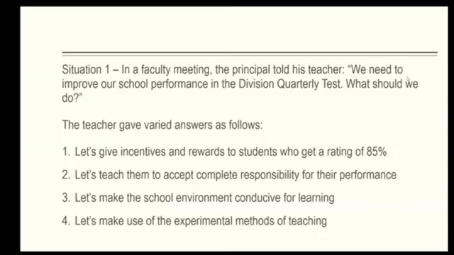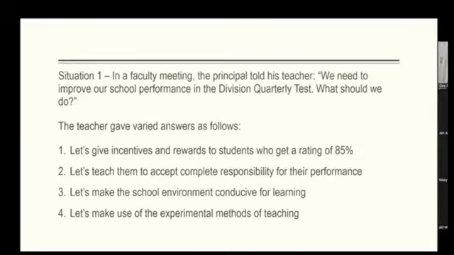The first teacher told the principal, let's give incentives and rewards to students who get a rating of 85%. The second teacher said, let's teach them to accept complete responsibility for their performance. The third teacher said, let's make the school environment conducive for learning. And the fourth and last teacher said, let's make use of the experimental methods of teaching.